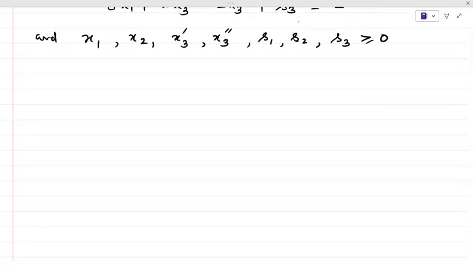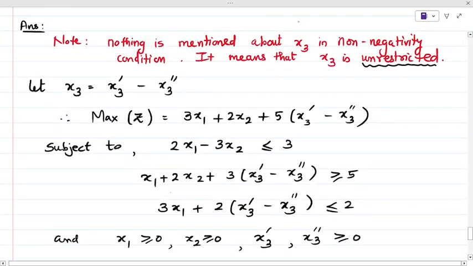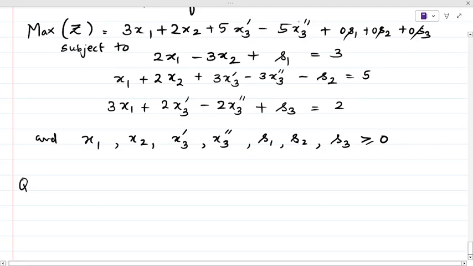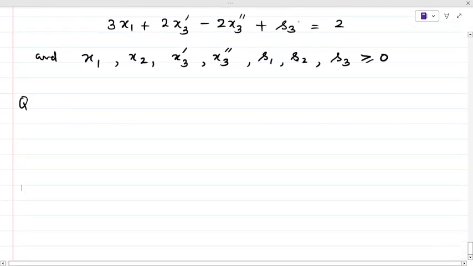So this example is of question number 4, after 3. Question number 4, let's say it's minimization.